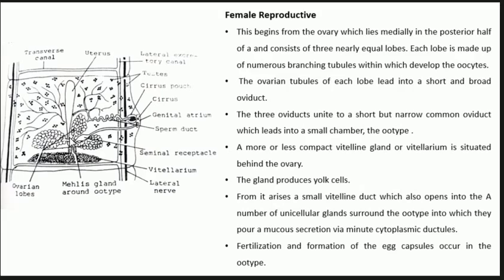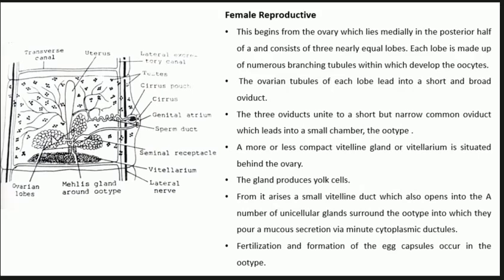Okay, a more or less compact vitelline gland or vitellarium is situated behind the ovary, and these glands produce yolk cells. So from this arises a small vitelline duct which opens into the ootype. There are a number of unicellular glands surrounding the ootype, as you can see here.